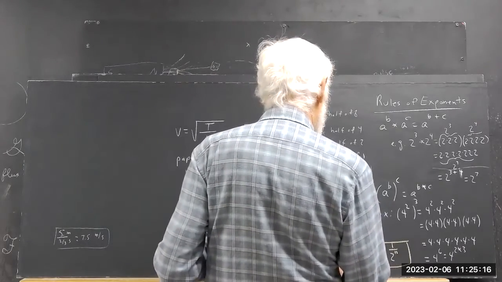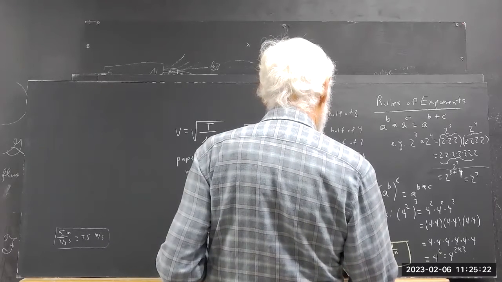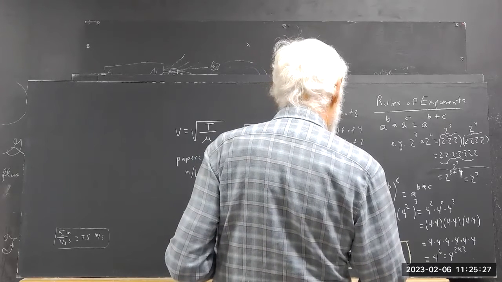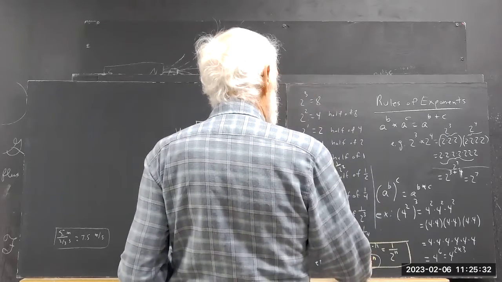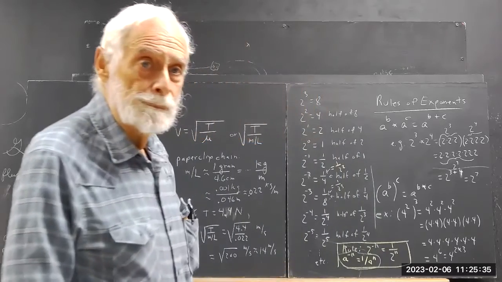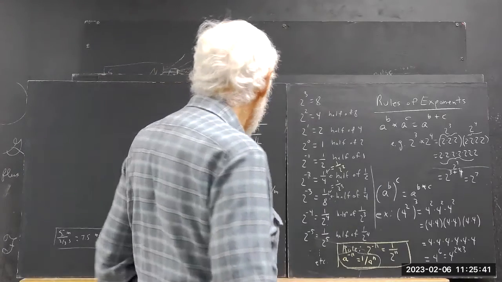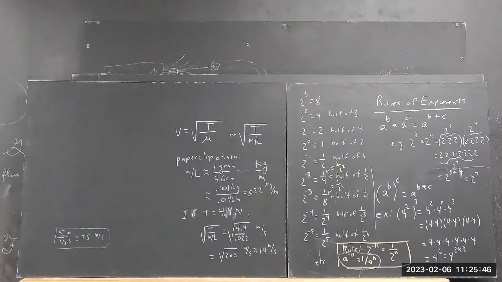And we can generalize for any number a, a to the negative n is 1/a to the n. Okay. So let's see if you can apply that to some of the expressions on the sheet.